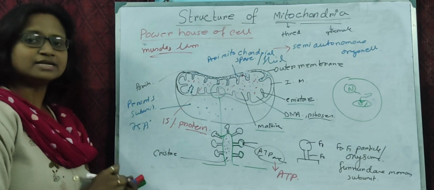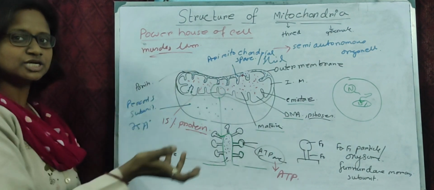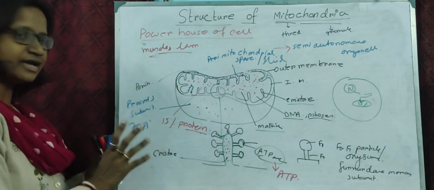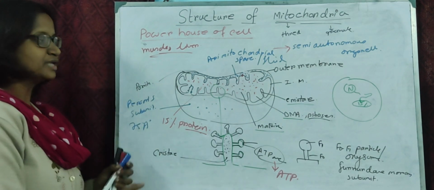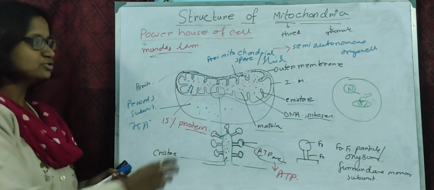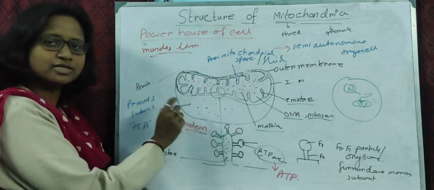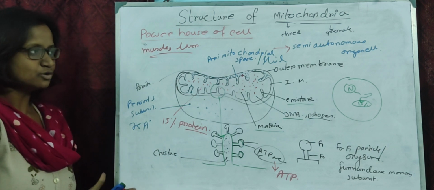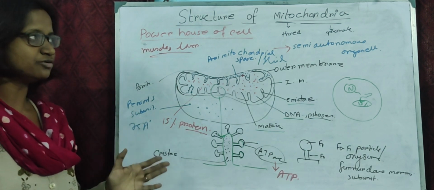I will come to those complexes in detail later, that is the function, how ATP is formed. I am not covering that in this video. Here I am only focused on the structure of mitochondria. Those complexes are located on the inner membrane and help in the production of ATP. Okay, so this is all about the structure of mitochondria.